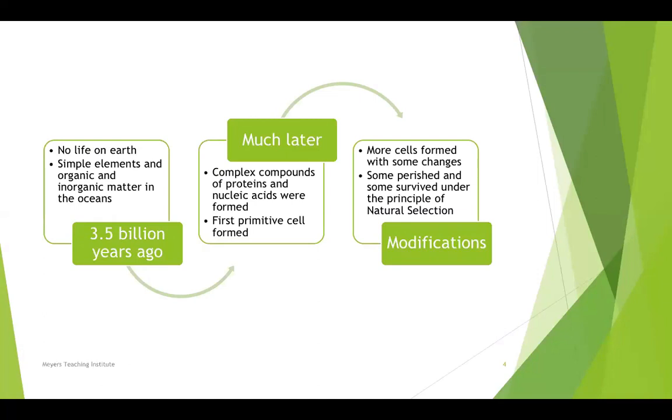That first primitive cell gave rise to more cells with some more changes by taking more of the chemicals available in its surroundings. And evolution happened. Through this time, some perished, and some survived under the principles of natural selection.